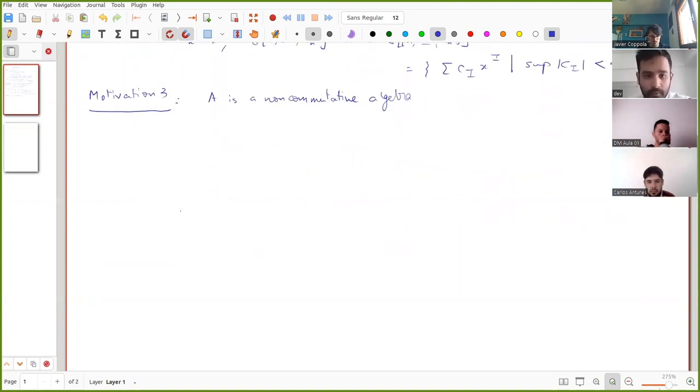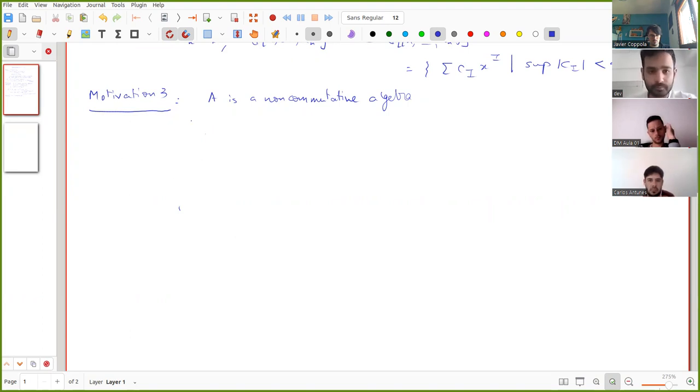What often happens is you might want to compute the periodic cyclic homology or some other variant of cyclic homology, which are derived from Hochschild homology. But that is something which is in general not computable, unless you can say something about its Hochschild homology.